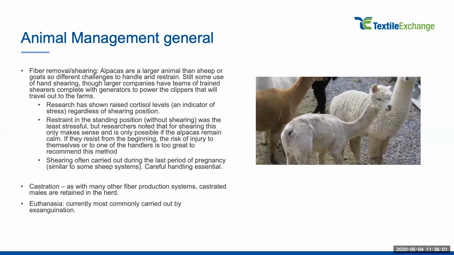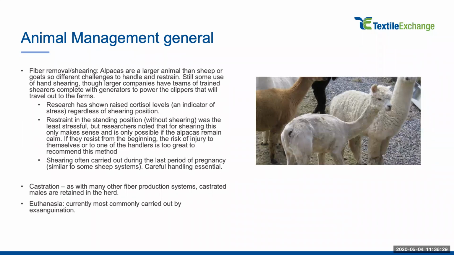Because, as you can imagine, saying everybody should just be using electric clippers can be quite a challenge in areas where there may not be a terribly good supply of electricity. So they will go out in the same way that you'll have contract shearers working for sheep and goats. Similar thing for the alpacas. It's people coming with the right equipment and the right training to carry out shearing.